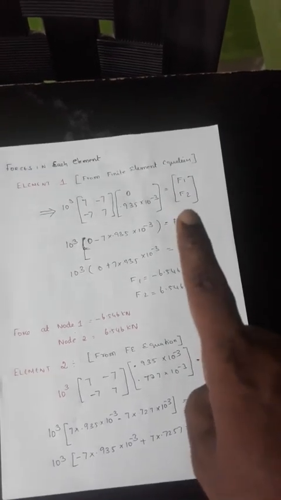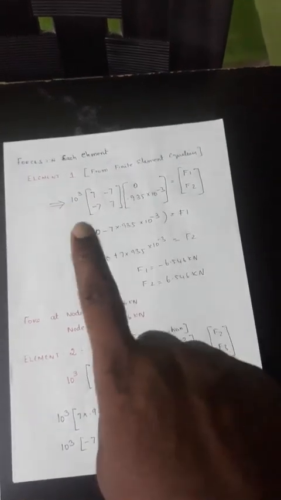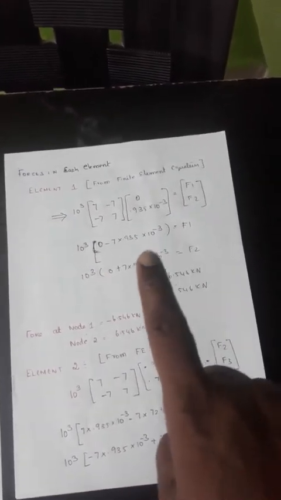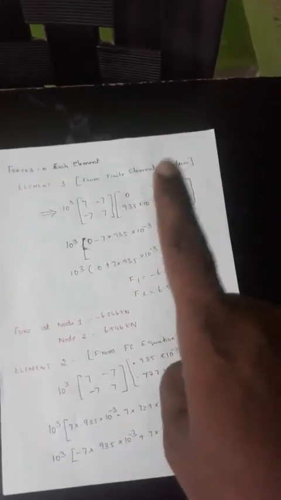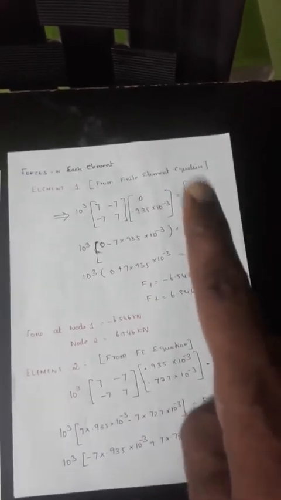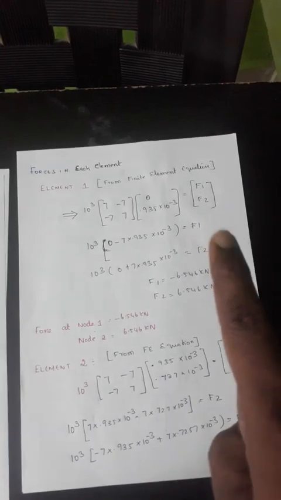We multiply this inside and you will get the F1 and F2 equations. Remember that these are not body forces; these are nodal forces. Because of the 8 kilonewton, the force is distributed among the nodes, so I am now finding those forces.